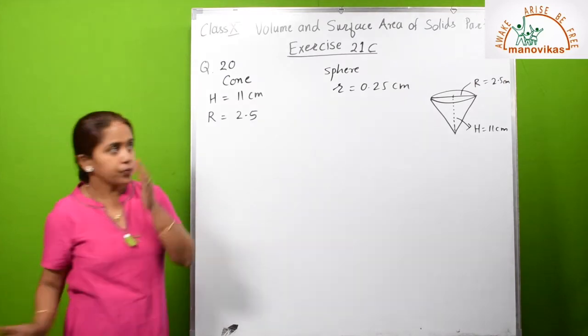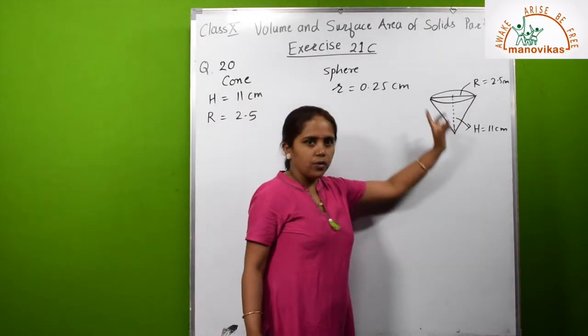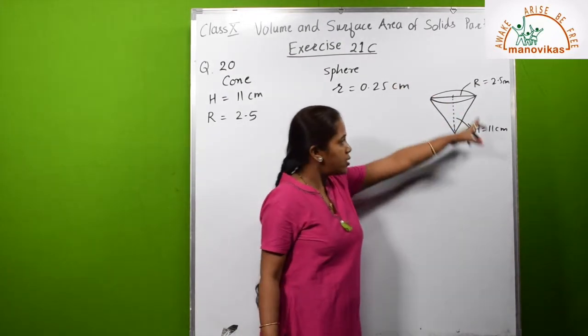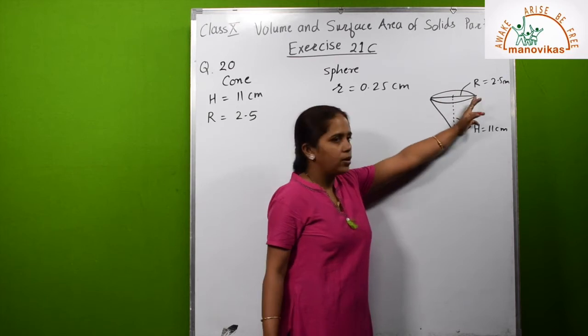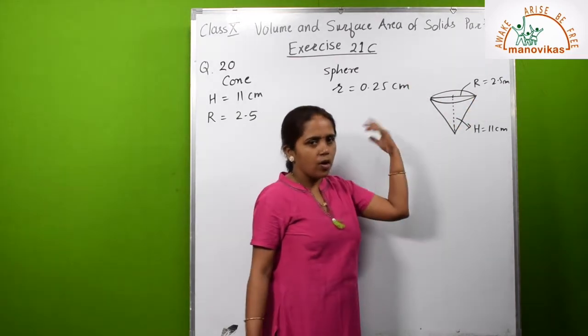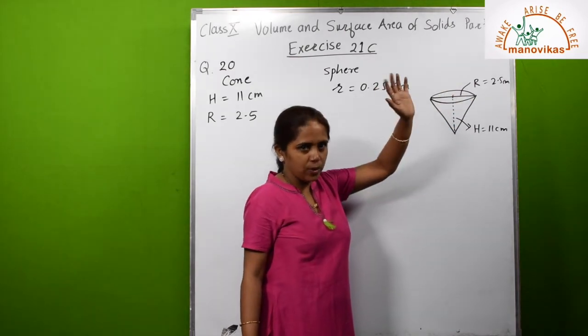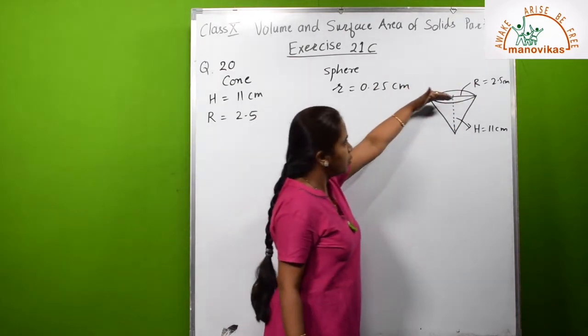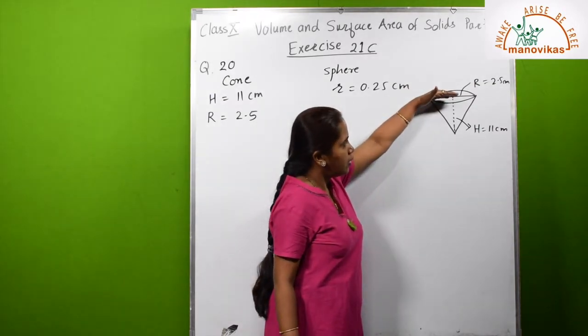Now here the vessel is in the form of the inverted cone whose height is 11 centimeter and top radius is given 2.5. Top is in the form of a circle, so radius is given 2.5 centimeter and water is filled up to the rim, up to the level of this height.